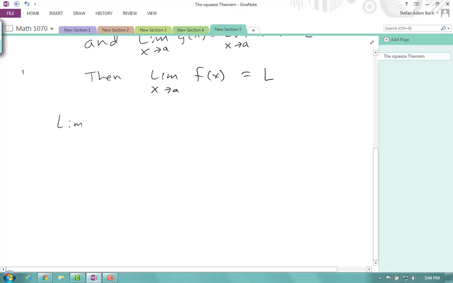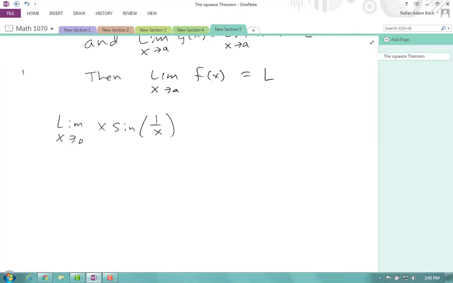So a popular example of one of these is something like the limit as x goes to 0 of x times sine of 1 over x. This is a little difficult to look at because as x goes to 0, the 1 over x can do some pretty crazy stuff, and I don't know what the sine is going to do to that crazy stuff.